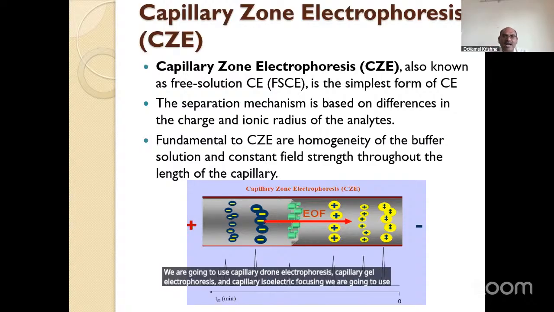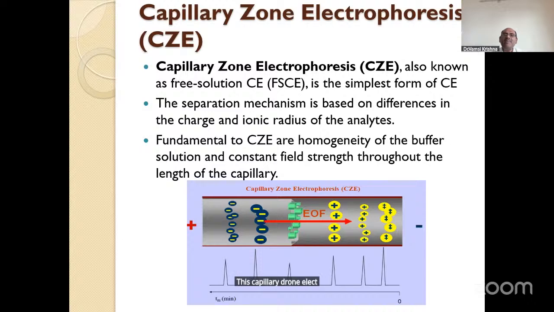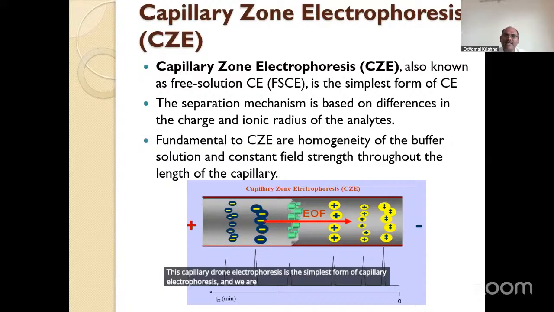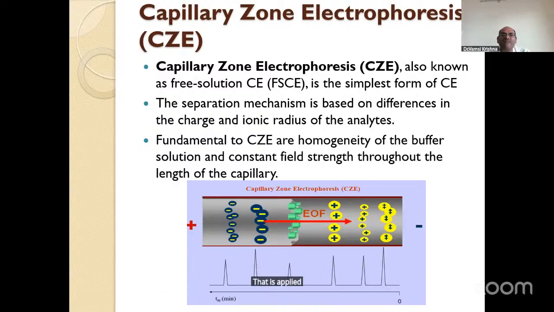Now coming to capillary zone electrophoresis. What is capillary zone electrophoresis? This is the simplest form of capillary electrophoresis, also called free solution capillary electrophoresis. So far, whatever we discussed about capillary electrophoresis is applied to this simple form of CE.